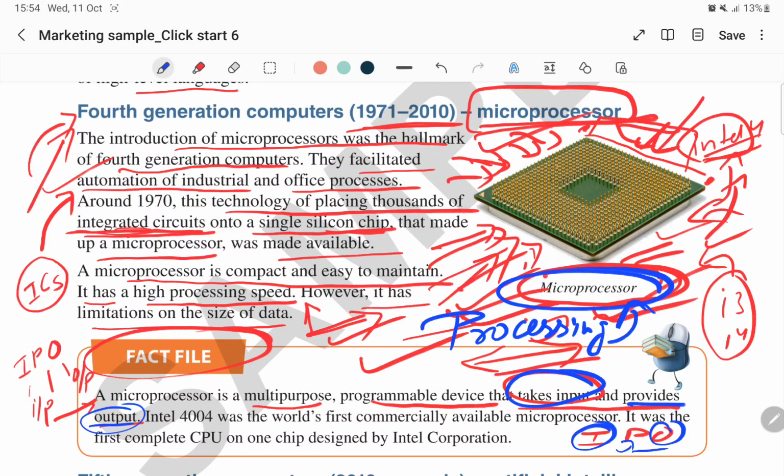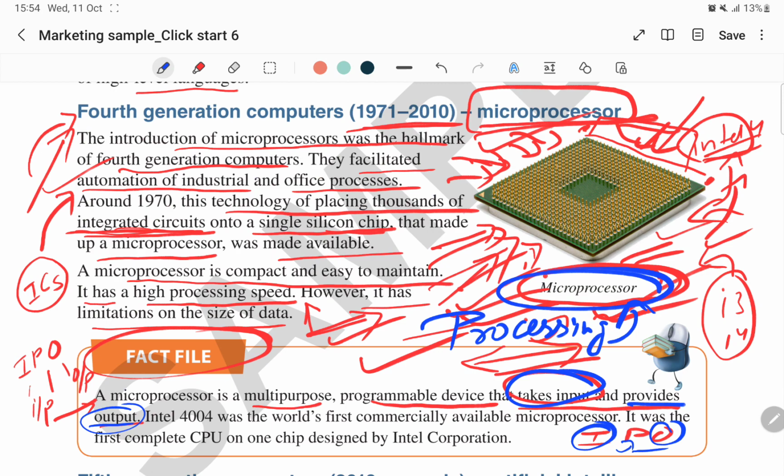The faster the processor, the faster the output, and so our IPO cycle will move smoothly and our computer will work very smoothly. It's like a cakewalk for the end user.